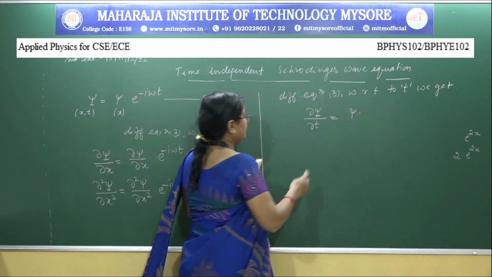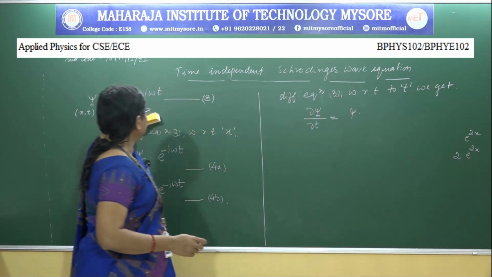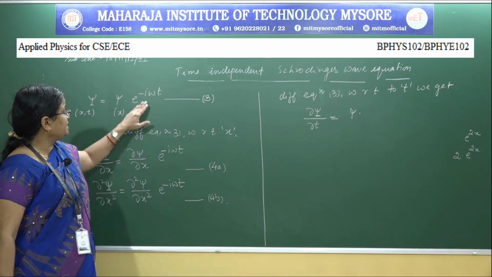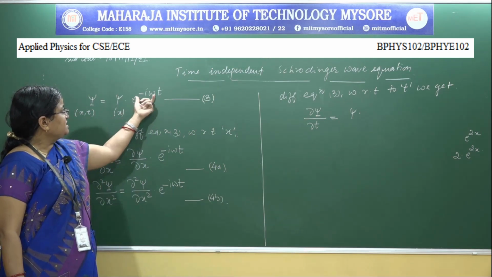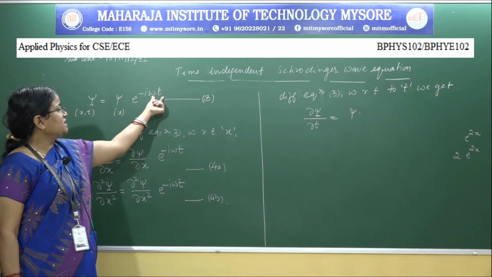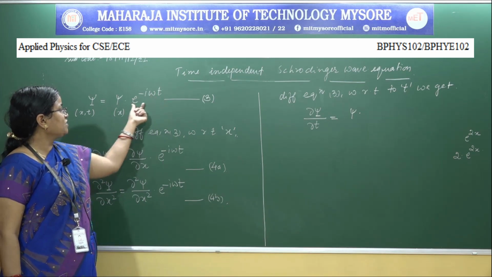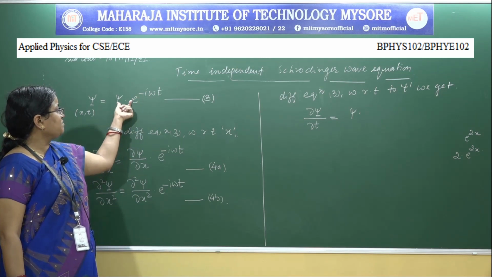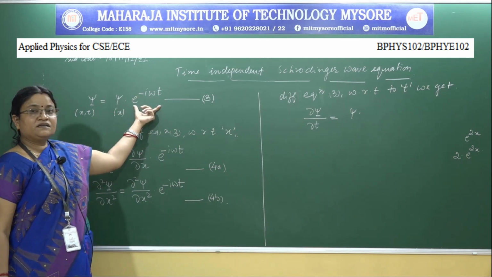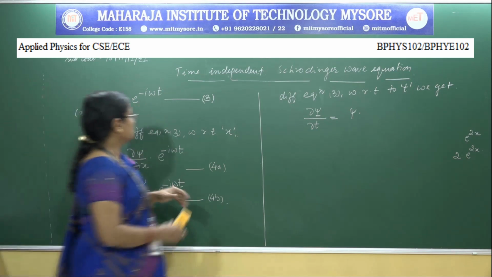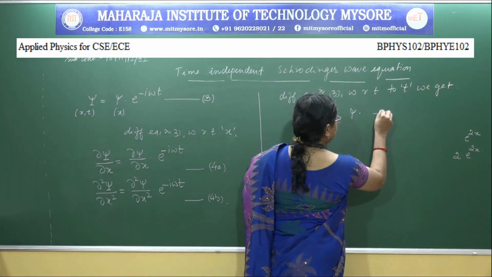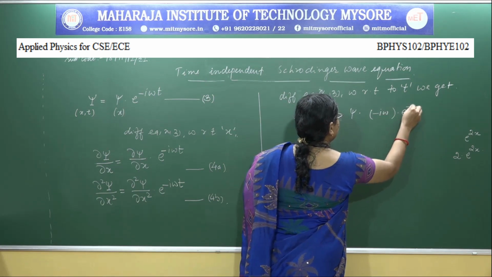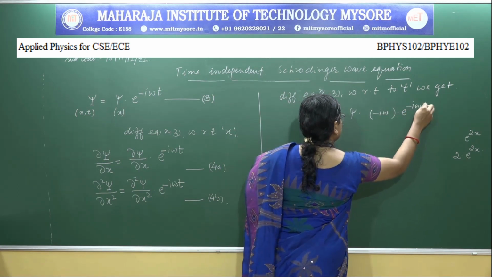So here, if we differentiate exponential of minus i omega t, then minus i omega is multiplied with t, so minus i omega will come in the multiplication and we retain the term as it is. So what we get is minus i omega exponential of minus i omega t.